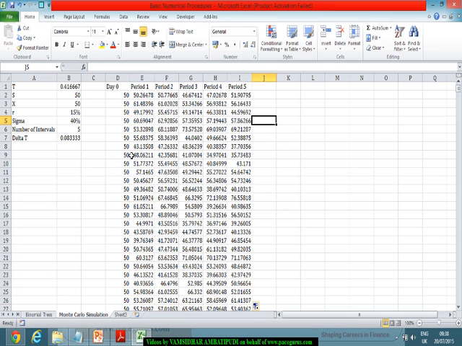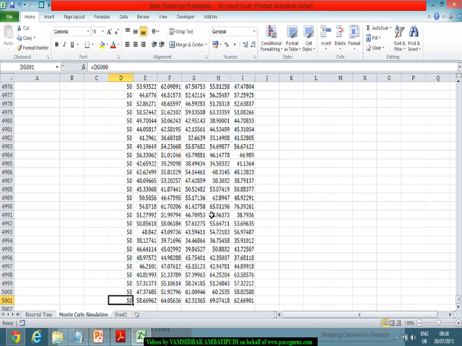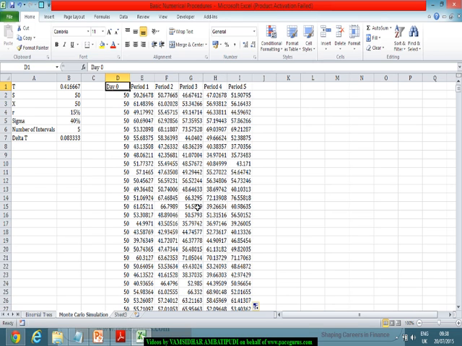I have generated almost 5,000 odd possibilities of the stock price over the next 5 periods, which is our 5-month period.